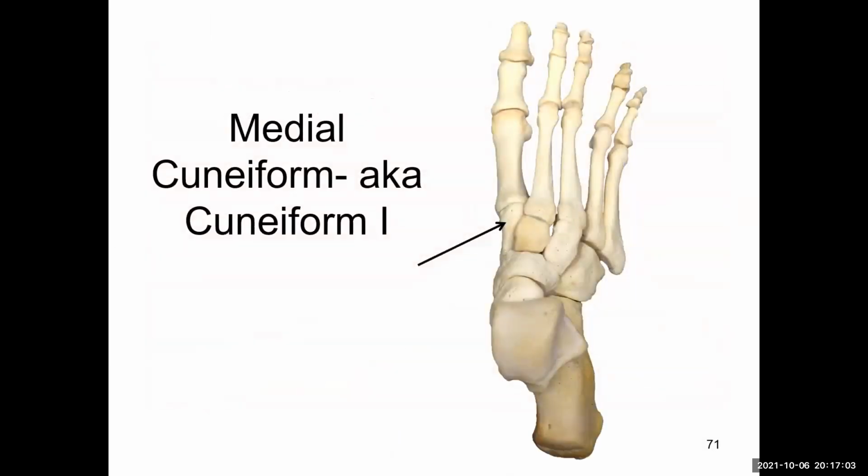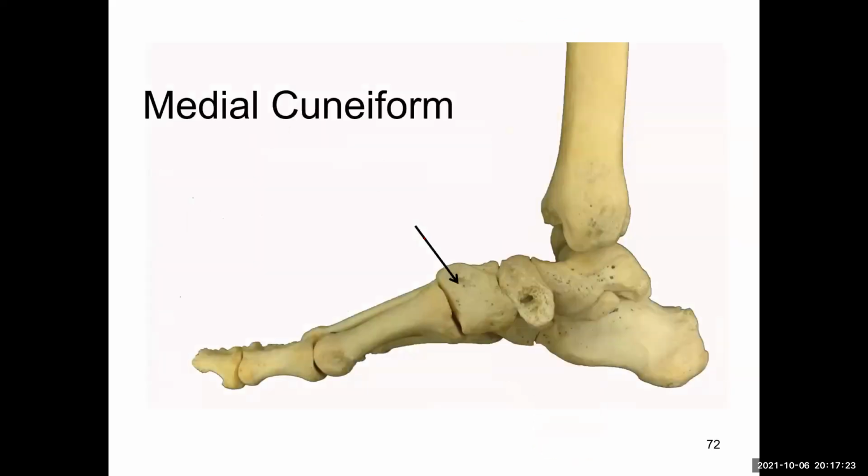Here it is on the medial view, excuse me. All right, then we have our cuneiforms. Now there's 2 ways that you can label it. Now I've already talked about the medial cuneiform, but if you would like, you can also use the Roman numerals again. So the medial cuneiform can also be written down as cuneiform Roman numeral number 1. All right, that articulates with the big toe. You can see it here on our medial view.